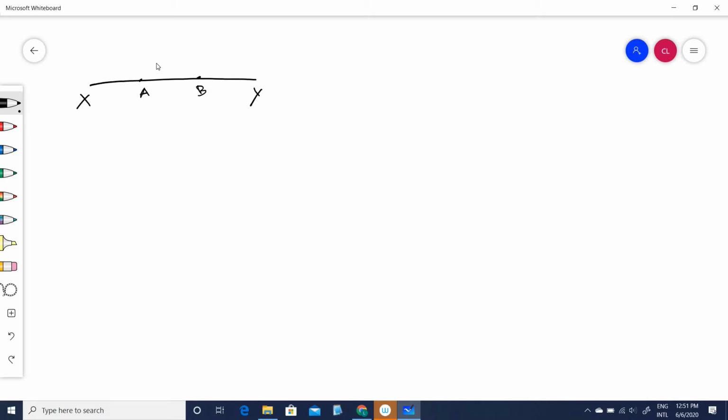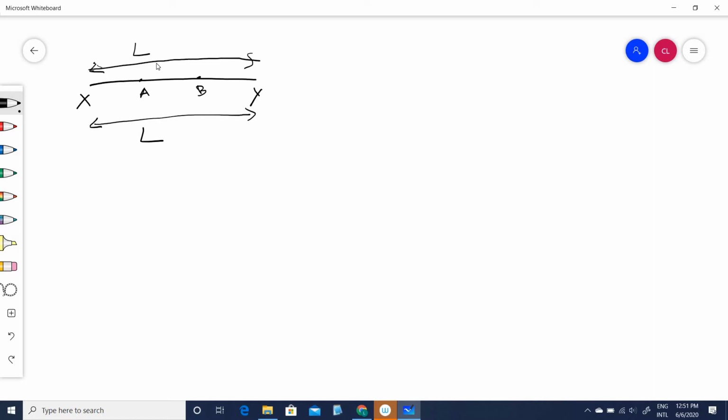Now the way we do this here is, firstly, the 2 points are thrown at random, which means the point A could have been anywhere between x and y. Likewise, point B also could have been anywhere between the same length of x and y.